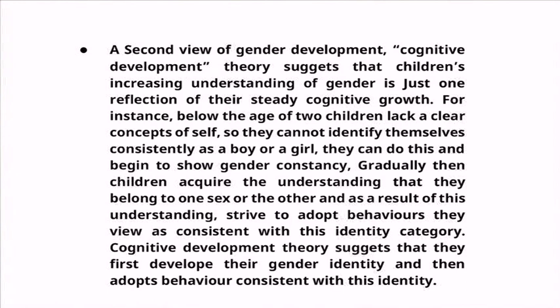Later they can do this and begin to show gender constancy. Gradually, children acquire the understanding that they belong to one sex or the other, and as a result of this understanding, strive to adopt behaviors they view as consistent with this identity category. Cognitive development theory suggests that they first develop their gender identity and then adopt behaviors consistent with this identity.